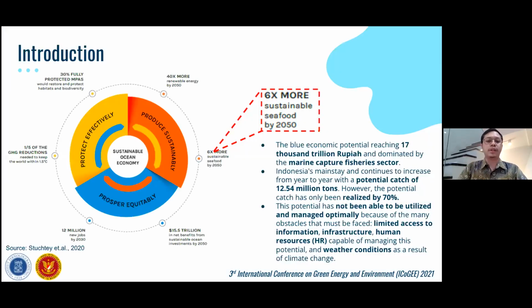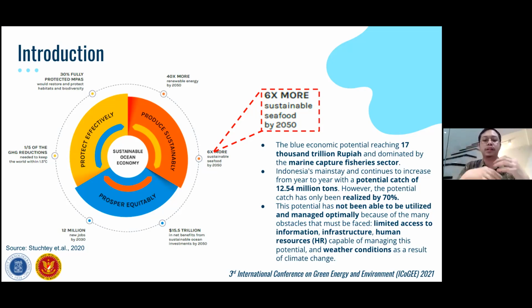here we talk about sustainability. In sustainability, we talk about how to protect the ocean and the marine area, while still giving income for Indonesia through our economic activities.